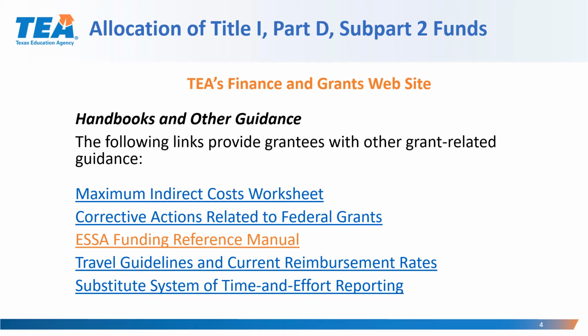More details on the process of determining LEA allocations may be found in the ESSA funding formula reference manual that is available in the handbooks and other guidance section of TEA's Finance and Grants website.